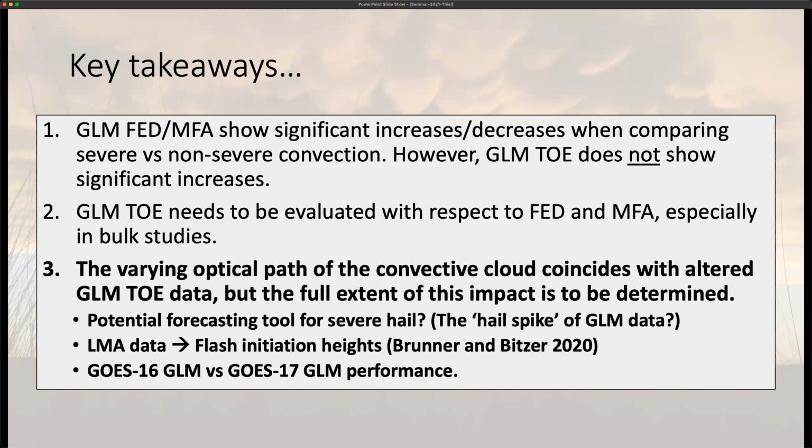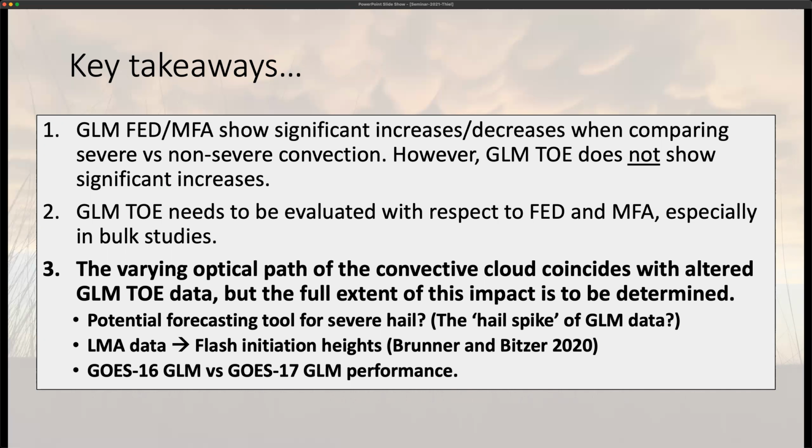So for some future work, we want to look at that through additional case studies as a forecasting tool. We're also looking to integrate LMA data into our analyses when looking at flash initiation heights. As has been shown in a novel study by Brunner and Bitzer 2020, flash initiation heights can have a substantial impact on the amount of light that is received from the Geostationary Lightning Mapper.